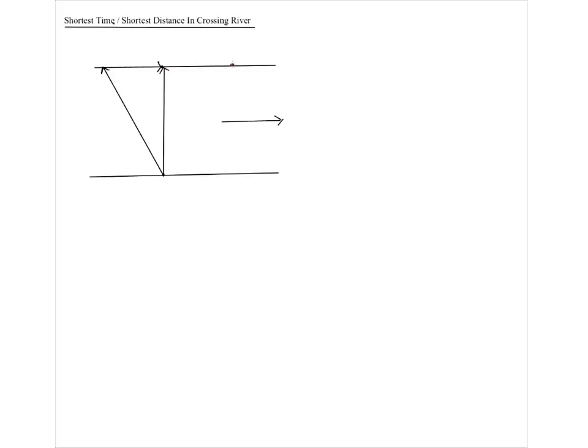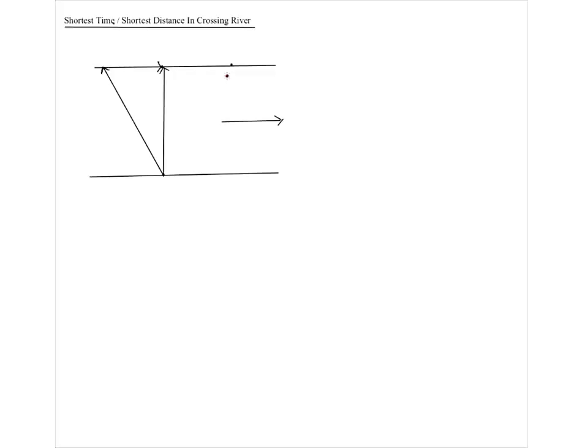How can it be shortest distance? He keeps his direction with respect to the river perpendicular. As seen by the ground, it is not perpendicular. As seen by the river, it is perpendicular. As seen by the ground, it is this.